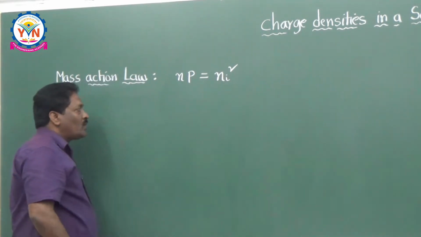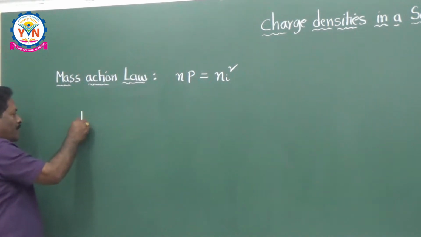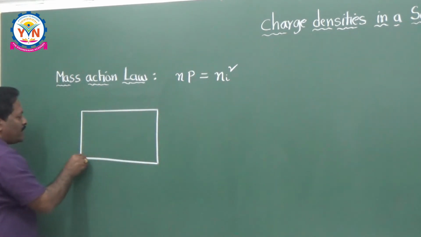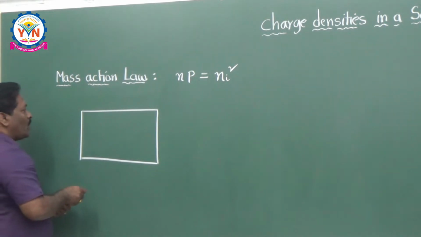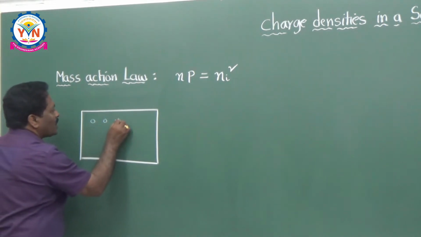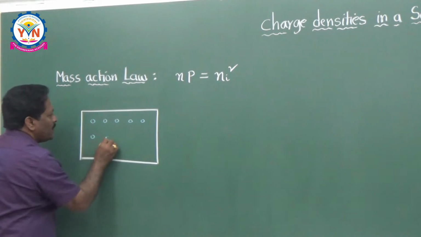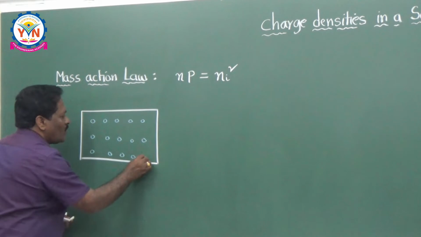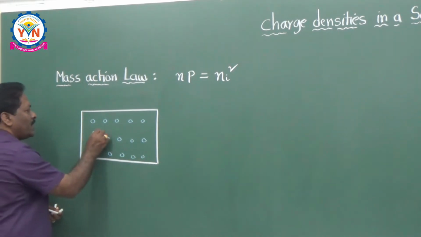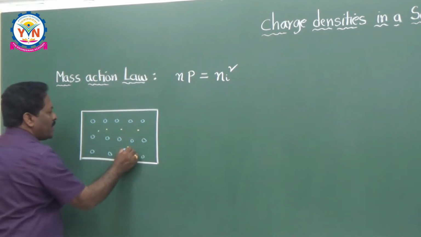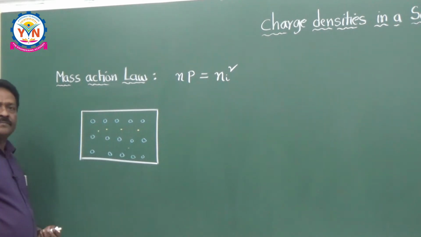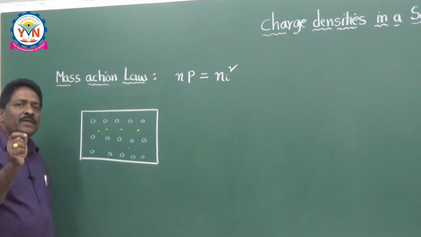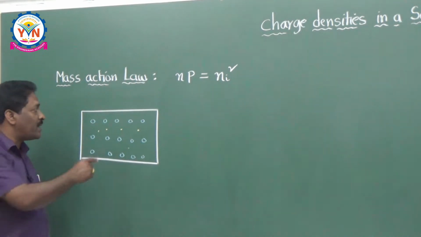So, if you take a p-type semiconductor, the majority carriers are nothing but the holes. And of course, there may be a presence of minority carriers also. So, what are the minority carriers here? These are the minority carriers, nothing but the electrons. And you know, for the formation of these holes, there should be some immobile ions which are meant for generating this.